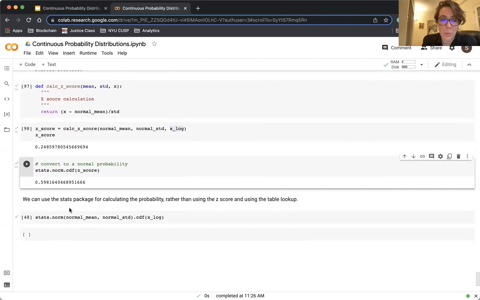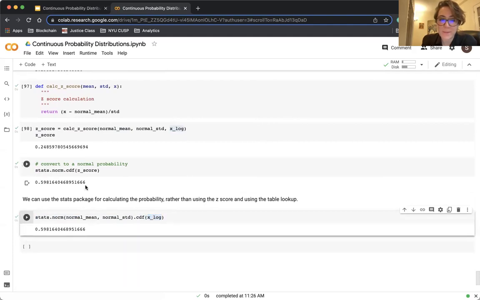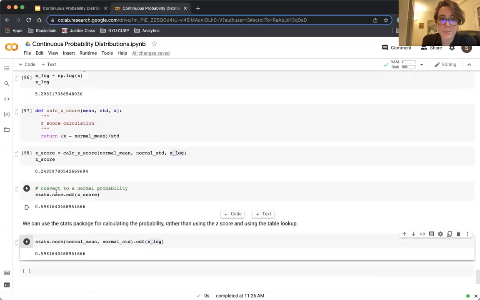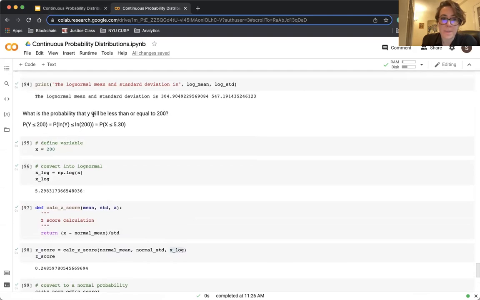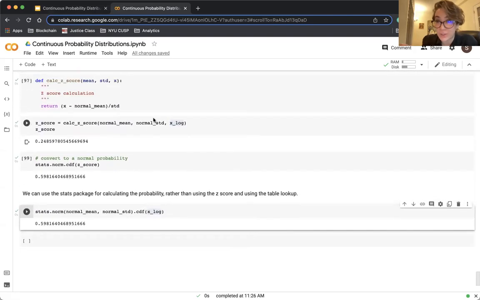So if we wanted to also do that from just the start, we can take the normal mean, normal standard deviation, and calculate this cumulative density function for our log scaled value of x, and we would get that same probability. And so that would be the probability of seeing a value of less than or equal to $200 in the long term, essentially.